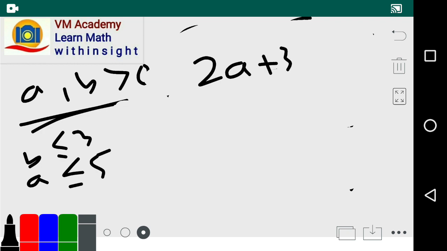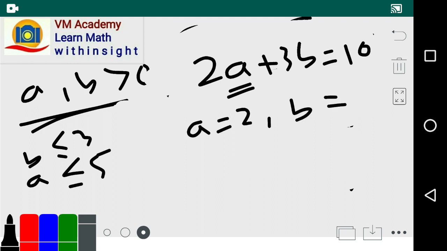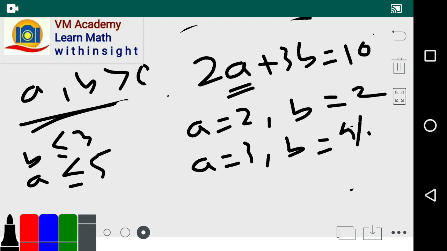2a plus 3b equal to 10. Again, if we substitute a equal to 2, then we get b equal to 2, friends. For substituting a equal to 3, we get b as 10 minus 6, 4, that is 4 by 3, not integer, so we cancel this because we would like to calculate both a and b as the integer solution.